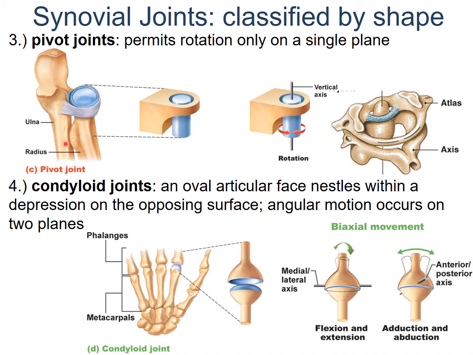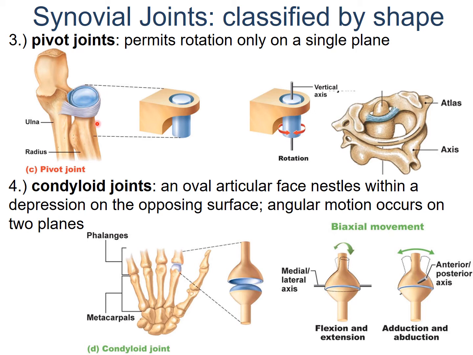Now imagine rotating the palms of your hands so that they're facing in a posterior direction. If you imagine, or actually physically do that, that rotation is occurring right here at this joint, which is near your elbow, and it's between radius and ulna, and so that's considered a pivot joint, and that's the movement that it allows to happen.